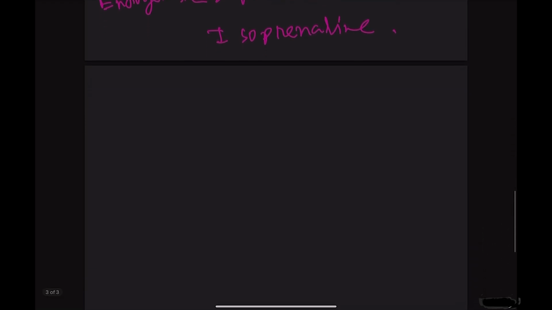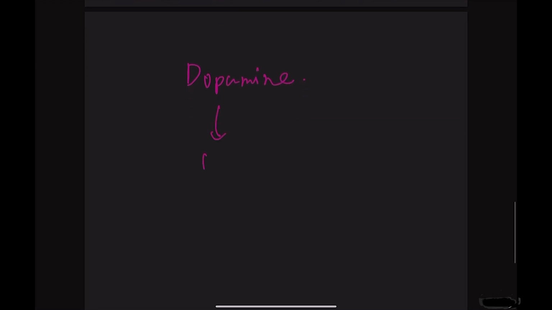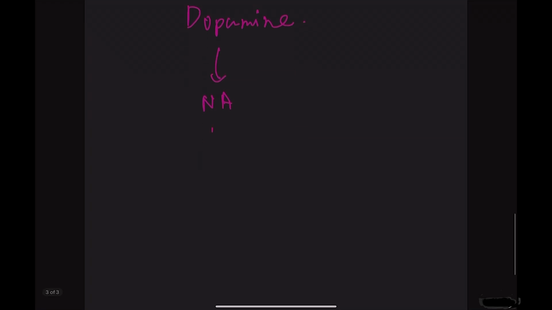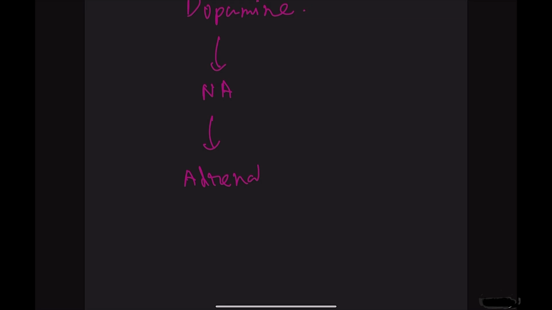So the first synthesized catecholamine is dopamine, and from dopamine we get noradrenaline, and from noradrenaline we get adrenaline by the enzyme called PNMT, or phenylethanolamine N-methyltransferase.